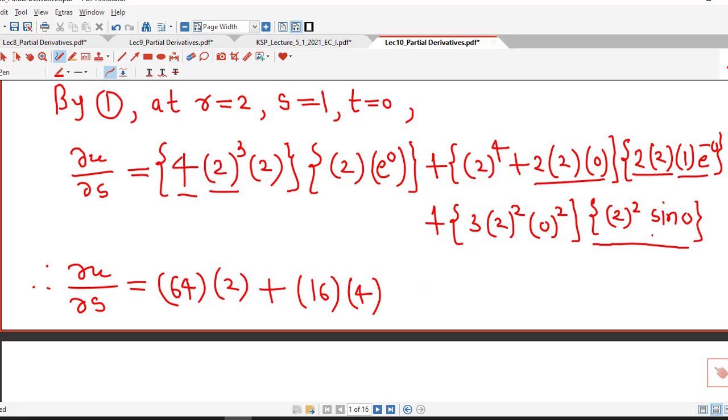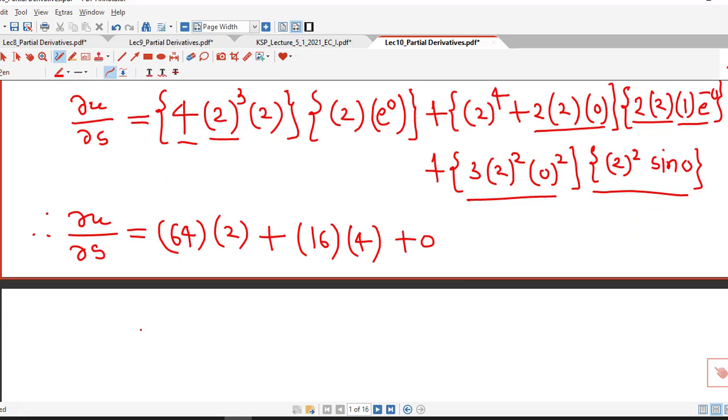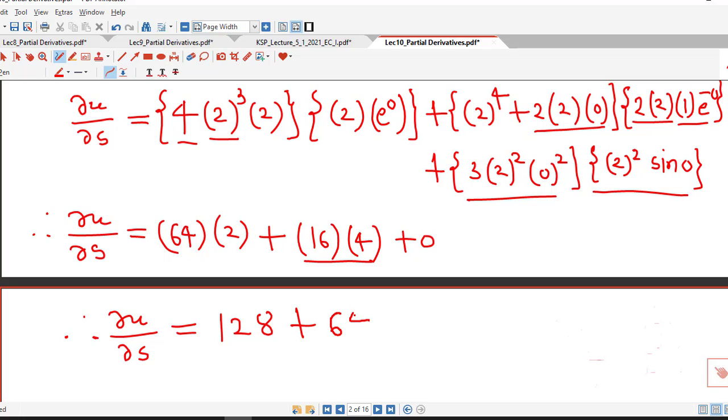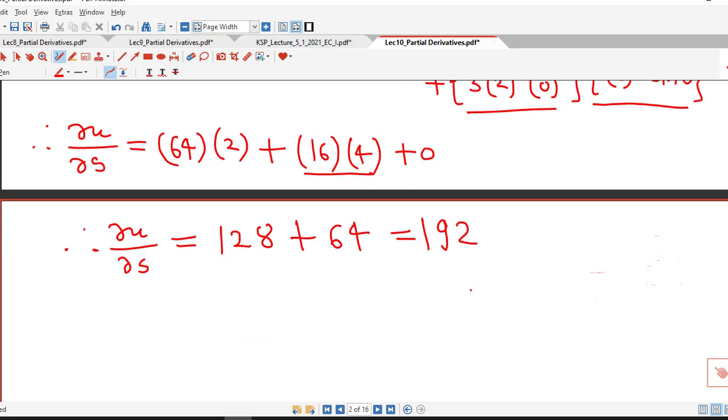And because sin 0 is 0, we have 0 here. So therefore del u by del s is 128 plus 64, and if we add 2, we obtain 128 plus 64, that is 192.